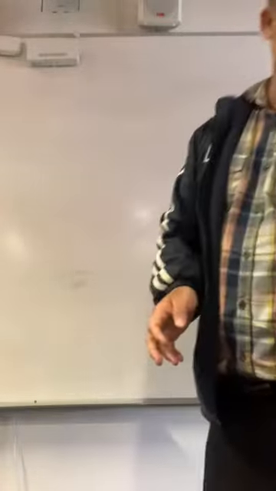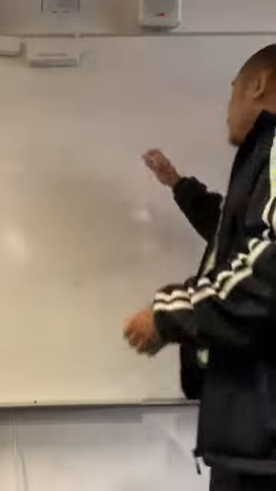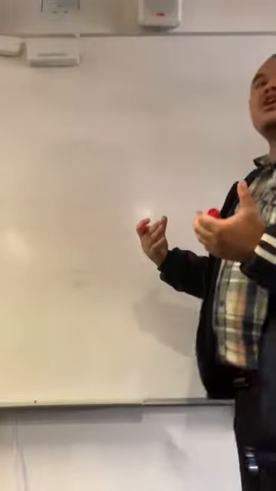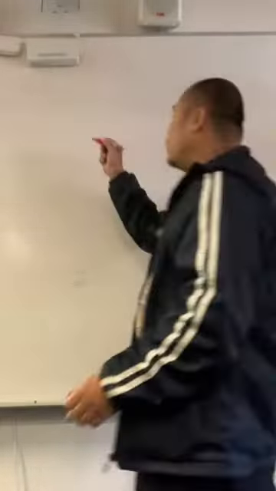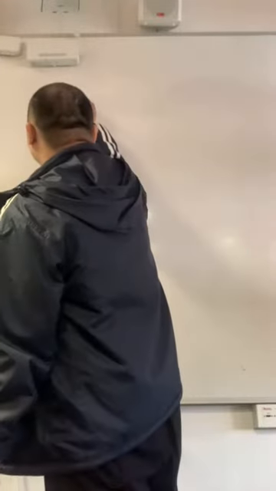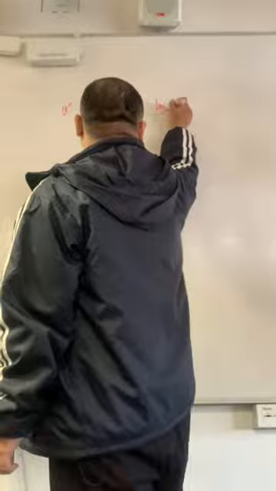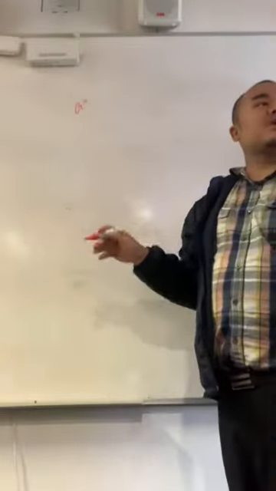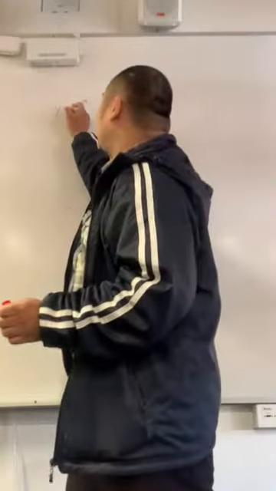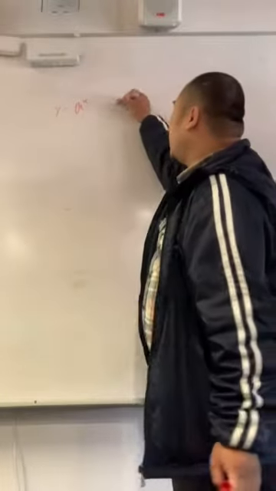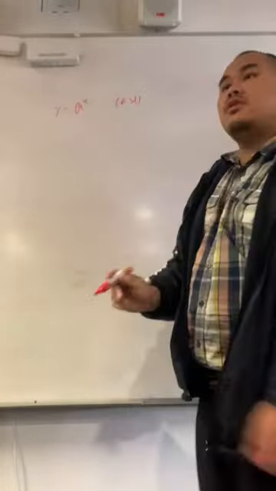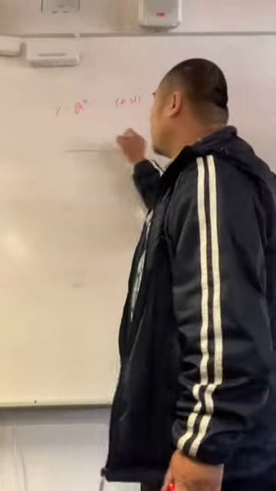For today's lesson, before we look at the questions, we're going to learn how to sketch the basic graph for exponential and for log. How do we sketch the basic shape? The basic shape for a^x, if a is bigger than 1, would be something like this.